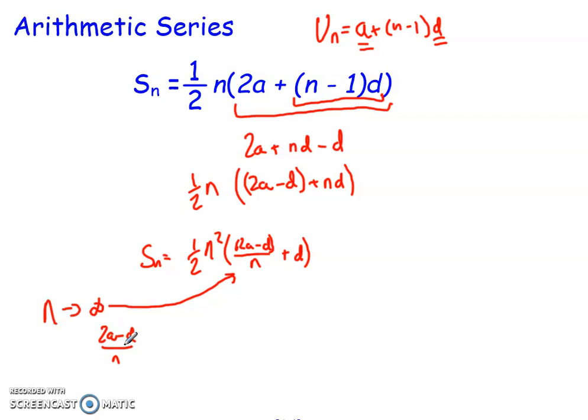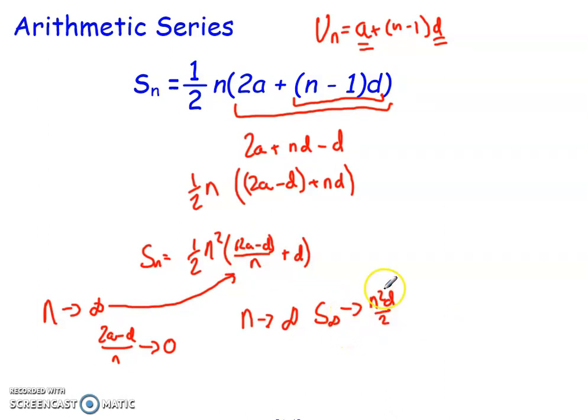As n gets bigger then, that fraction gets smaller and smaller and smaller. So as n tends towards infinity, this fraction here tends towards 0. So what I can say at that point is that as n tends towards infinity, the sum to infinity tends towards n squared d over 2.